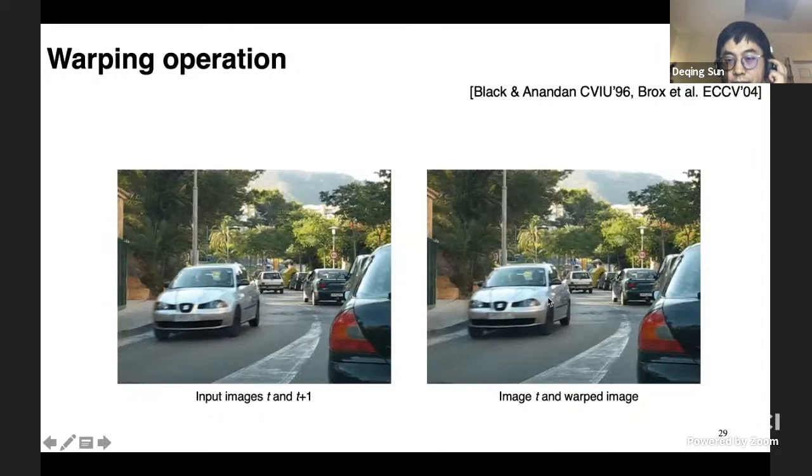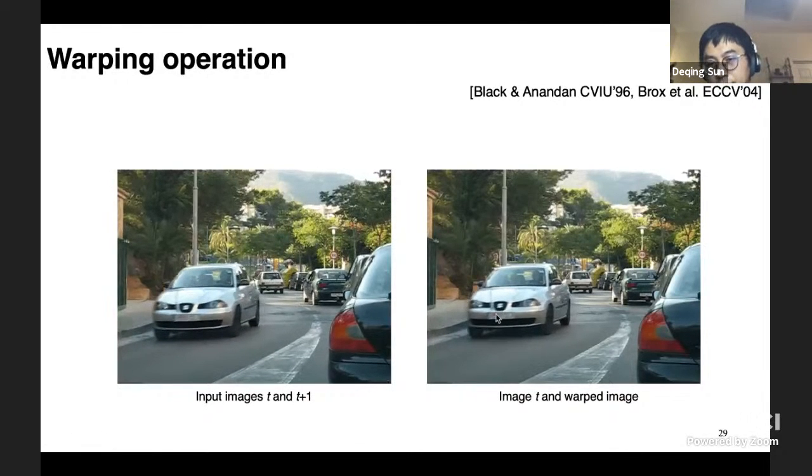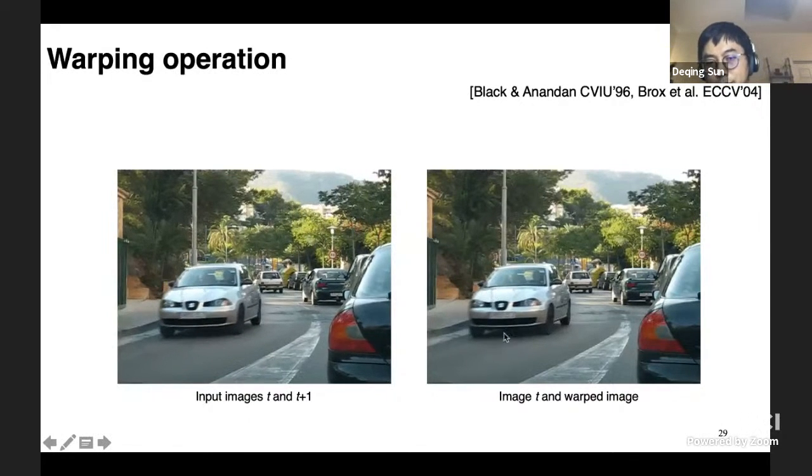After we get an initial motion estimate, we can warp the second image toward the first. You can see the motion between the first and the warped image is usually small. That means the motion is much easier to estimate, because when motion becomes big, you need to search big.